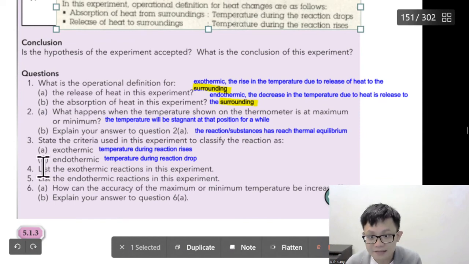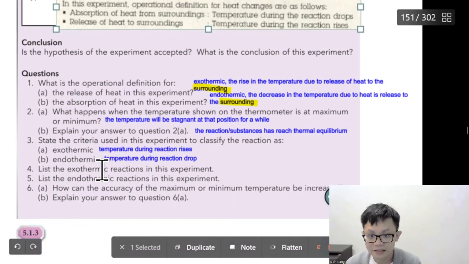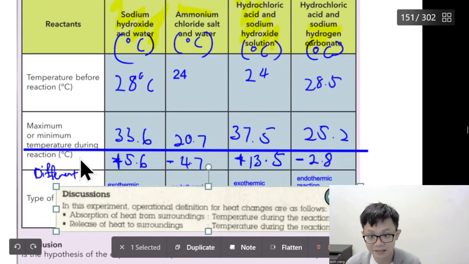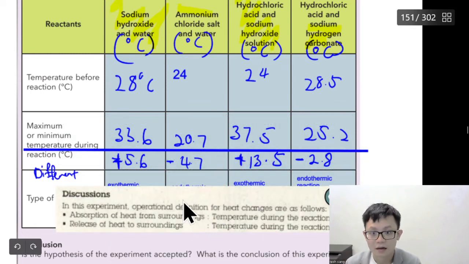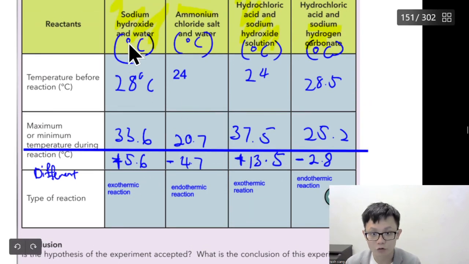Okay, list the exothermic reactions in this experiment and list the endothermic reactions in this experiment. So exothermic: sodium hydroxide and water, and hydrochloric acid and sodium hydroxide solution.